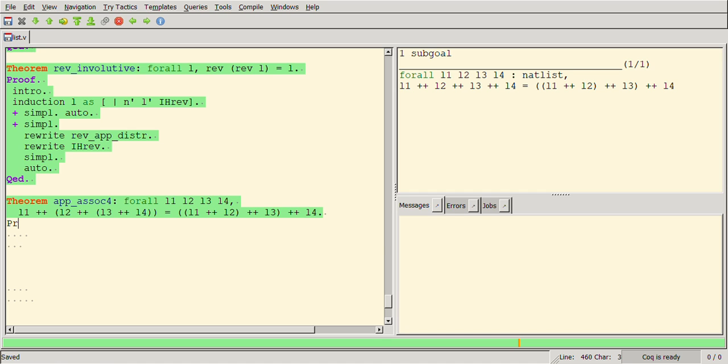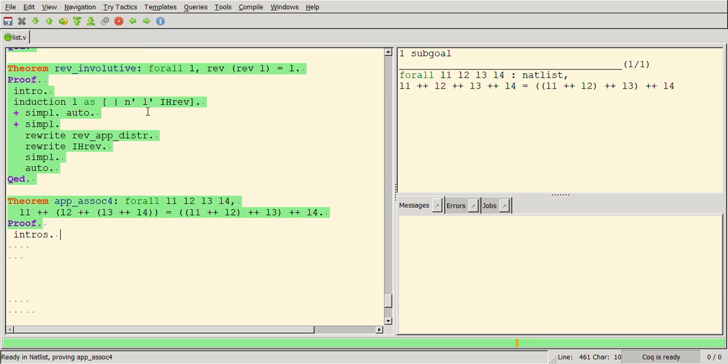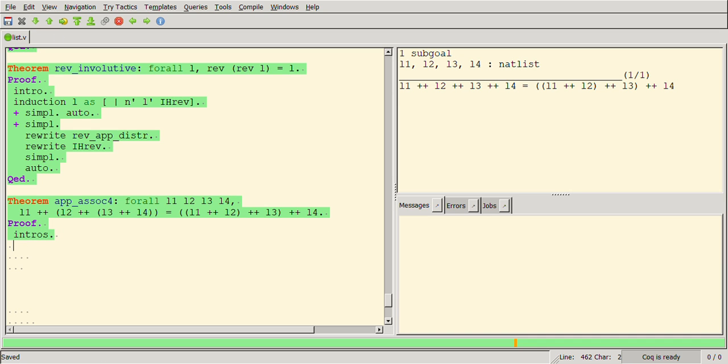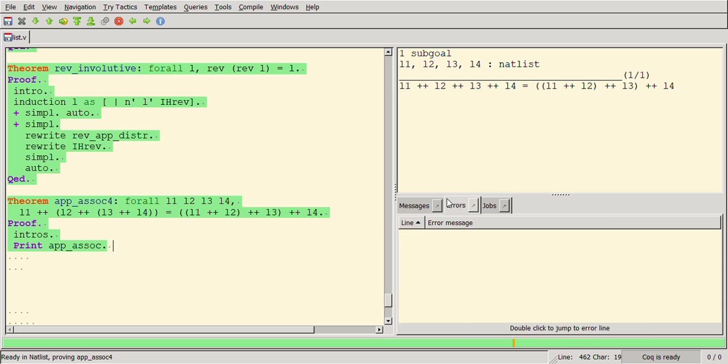Okay, so proof. Intros will just introduce the variables into the hypothesis. And we have the append associative property, so let me print that associative property to tell us.